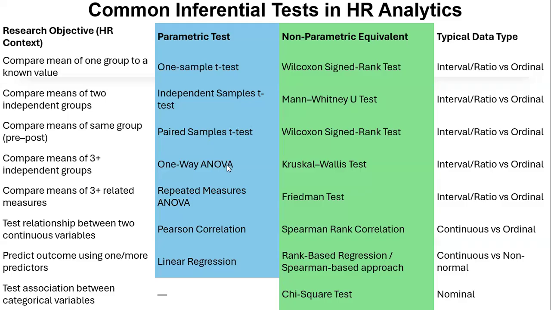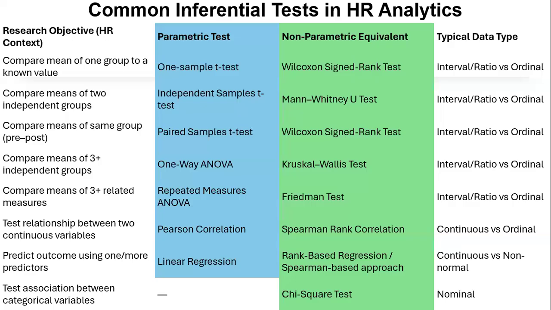For instance, if you want to compare whether there is a significant difference among the HR department, the accounting department, and the marketing department in terms of their performance, then we can run a one-way analysis of variance test to verify whether indeed there is a significant difference in their performance.